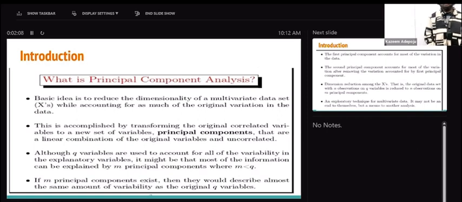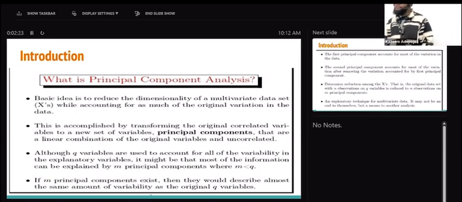Of course, the idea behind principal component analysis is when we are looking at a relationship, or maybe we're trying to predict a particular dependent variable from independent variables, and we have a lot of independent variables.